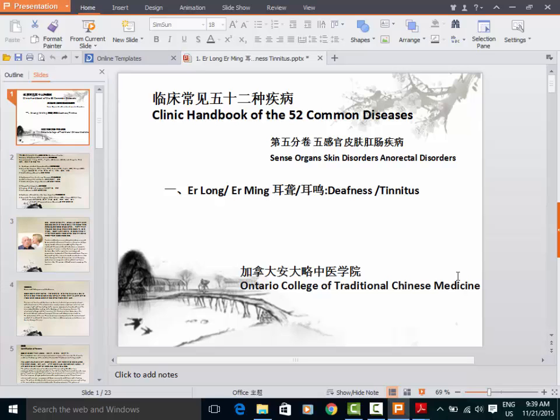The major excess pattern is liver fire or liver yang rising, but usually it's a liver heat pattern that stirs upwards in the liver. That's high-pitched tinnitus, maybe related to stress or something like that.